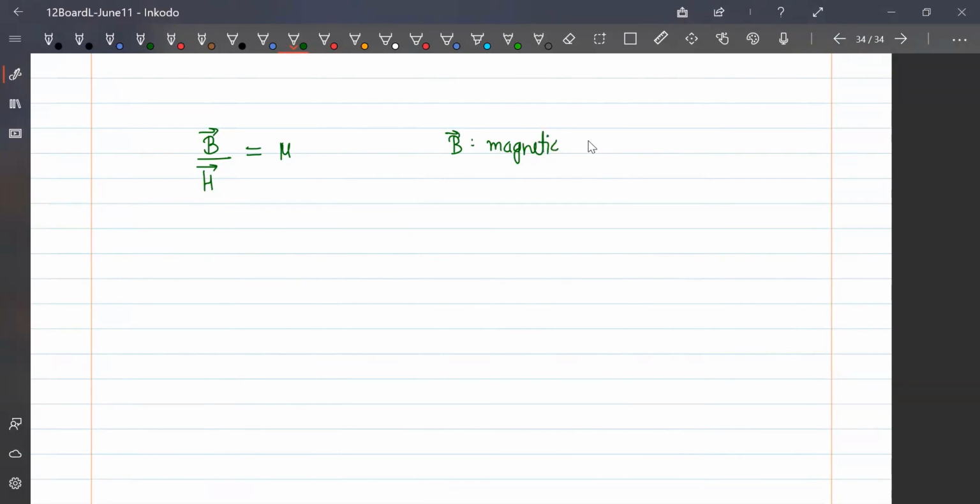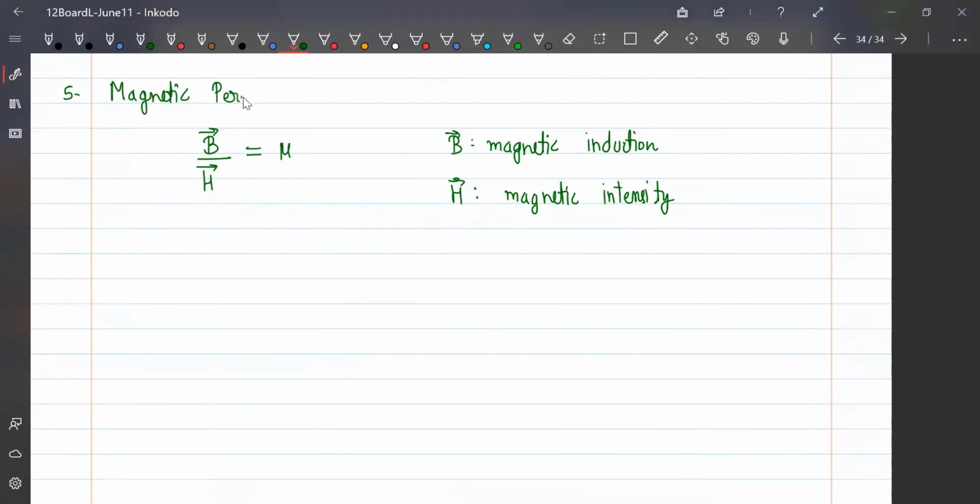And H vector is called the magnetic intensity. सिमिलर सा नाम, थोड़ा टाइम लगता है ये याद करने में। H is the magnetic intensity, और इन दोनों का ratio हम बोलते हैं magnetic permeability और absolute magnetic permeability. This is magnetic permeability.